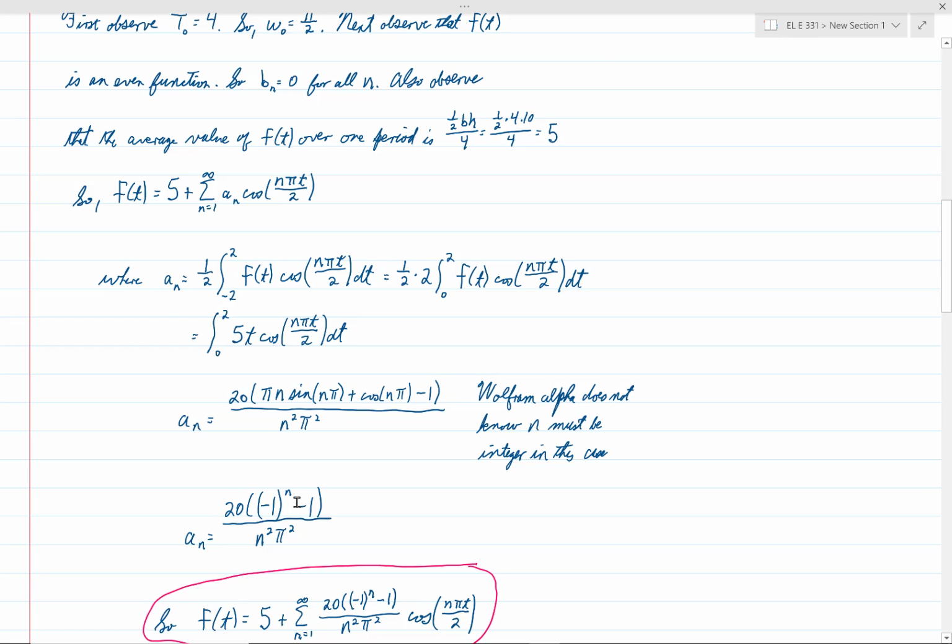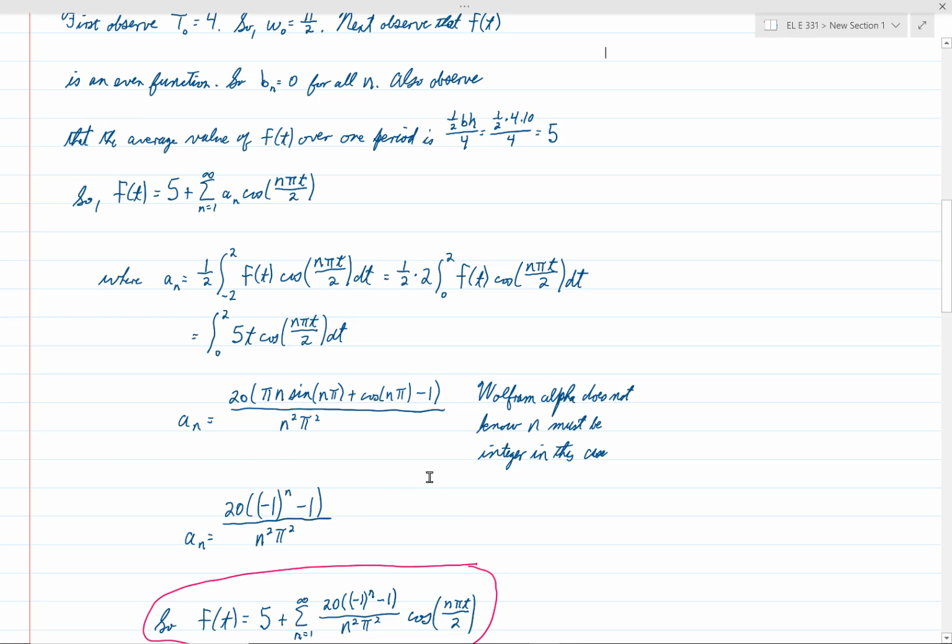And a way to write that very compactly is just to say negative 1 to the n, because this expression as well is equal to 1 whenever n is even and negative 1 whenever n is odd. And so this expression here for a_n can be written more compactly like this.